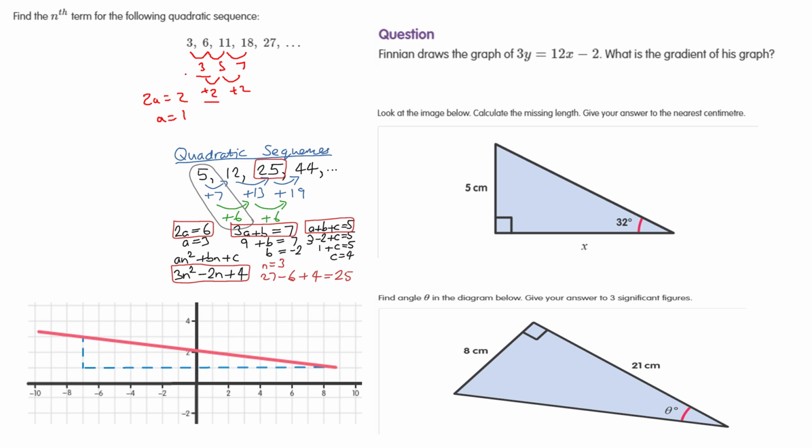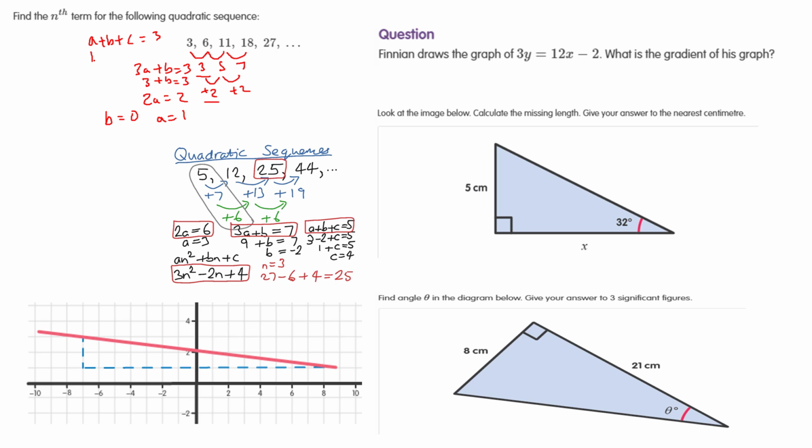Now this number here equals 3a plus b, and we can see that that equals 3, but a equals 1, so 3 plus b equals 3, so b must equal 0, and the very last term is a plus b plus c equals 3.